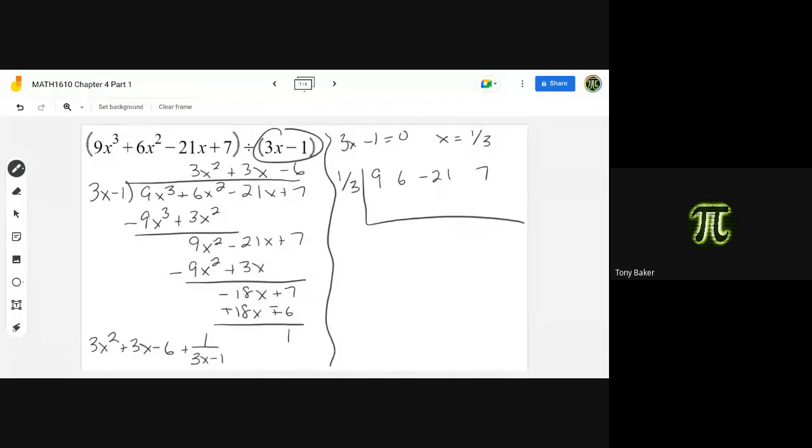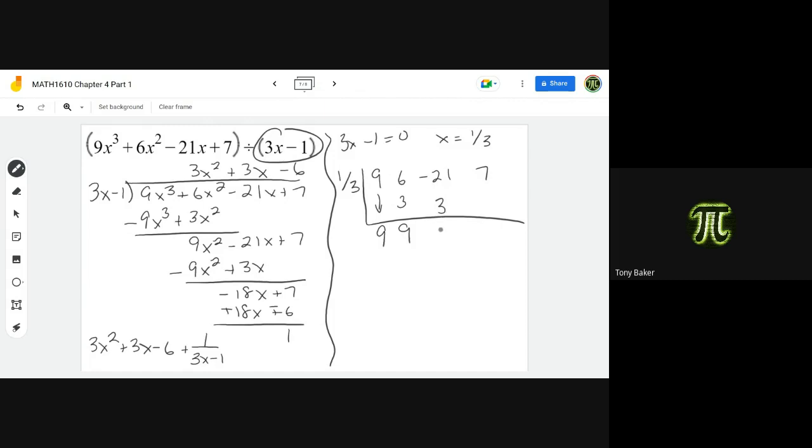Let's see if we get the same thing. Bring down the 9. What's 9 times a third? 3. 6 plus 3? 9. 1/3 times 9 is 3.